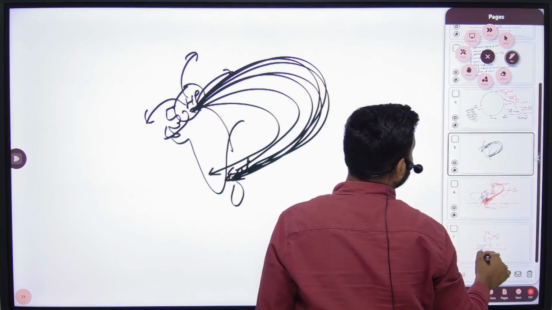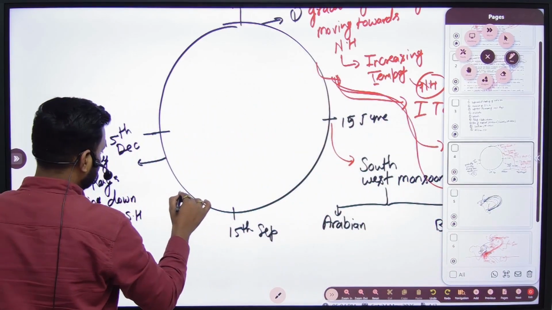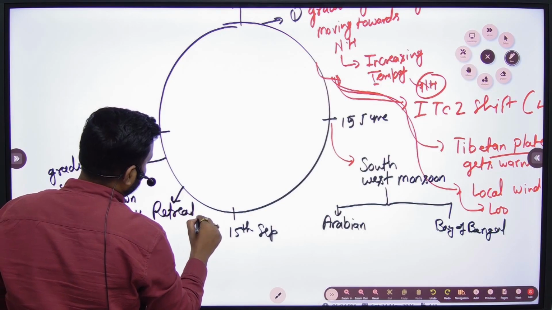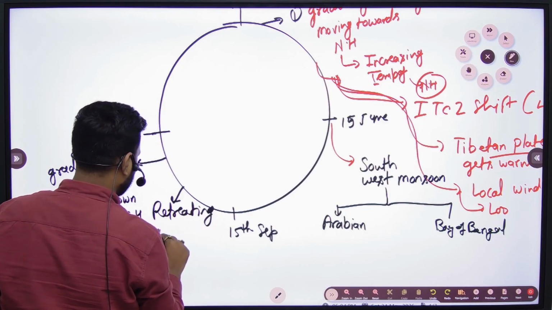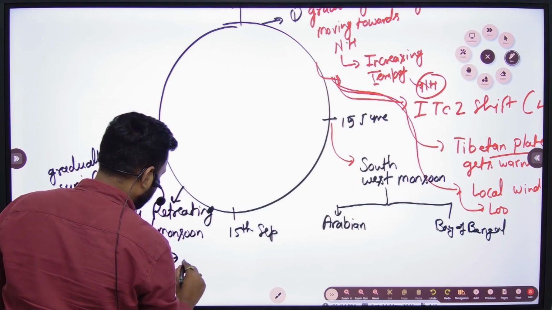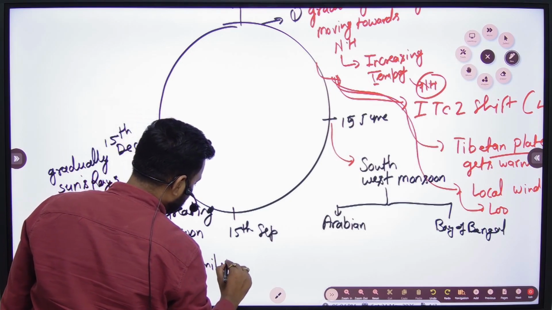You just simply need to mention all these, and it is the period of retreating monsoon, and from the retreating monsoon the coast of Tamil Nadu receives rainfall.